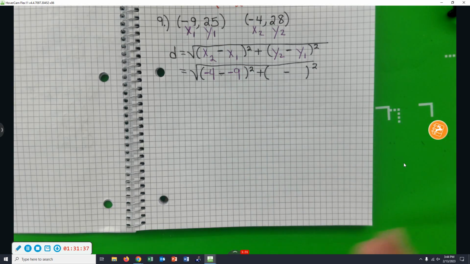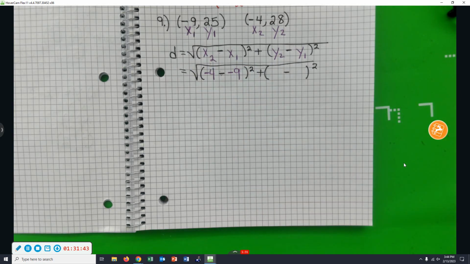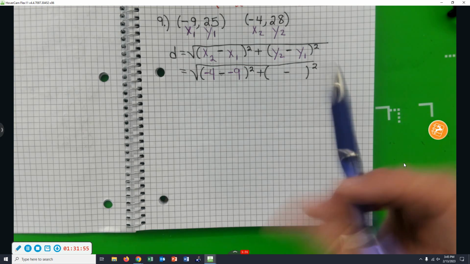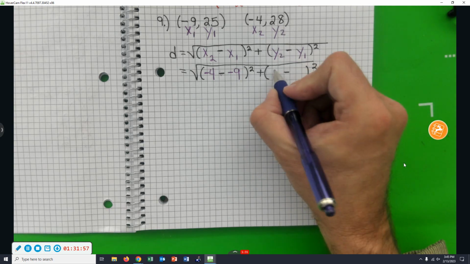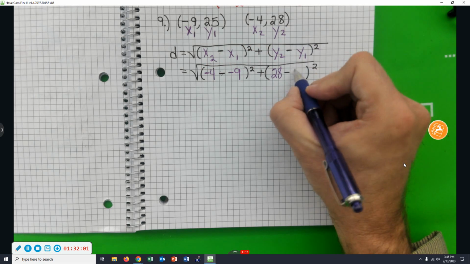I'm glad that this first example regenerated with some negative numbers in it. I remember one semester I kept wanting to do these problems and there were no negatives. It wouldn't regenerate with negative numbers. Those negative numbers are where it can be tricky. For the y's, y2 is 28, y1 is 25.